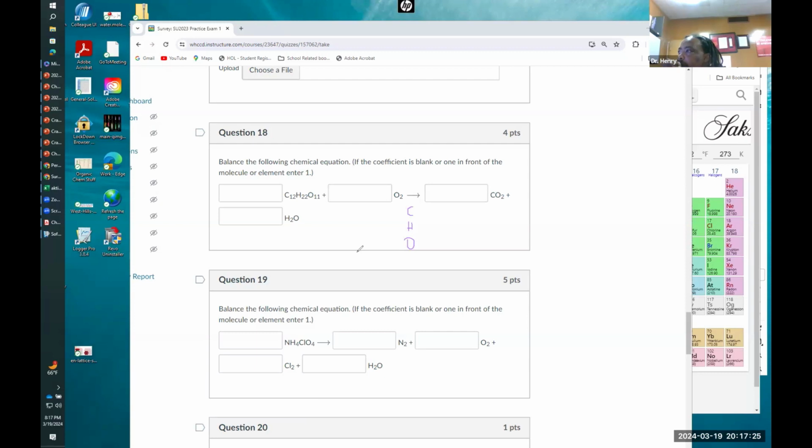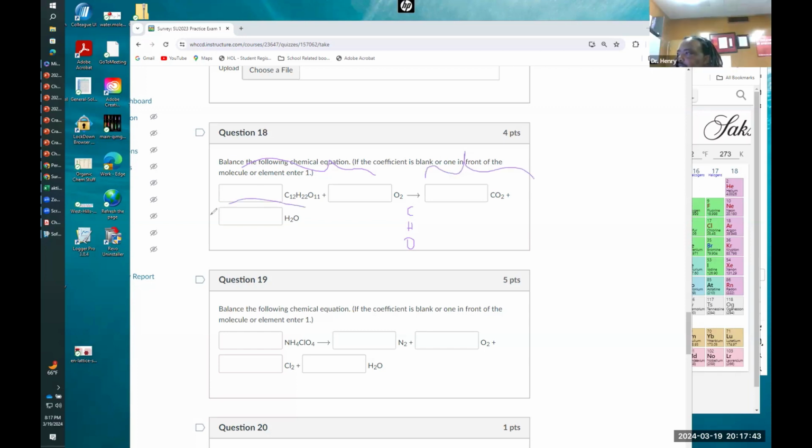Okay. How many carbons do we have on our reactant side? Well, first off, which side is the reactant side and which side is the product side? The left is the reactants and the right is the products. Okay.